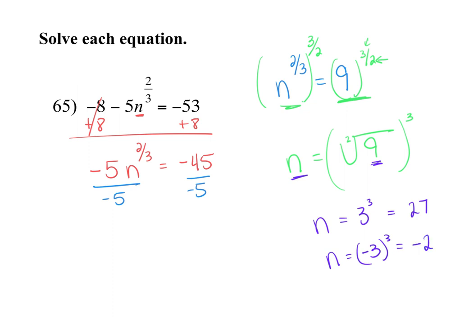And so this could also be -3 cubed, which would be -27. So you have two answers here. Because you have a root of something and you still have a variable involved, you have to consider the positive and negative root for any of your even roots. So your final answer here would actually be +27 and -27.